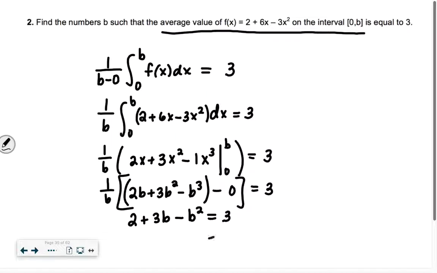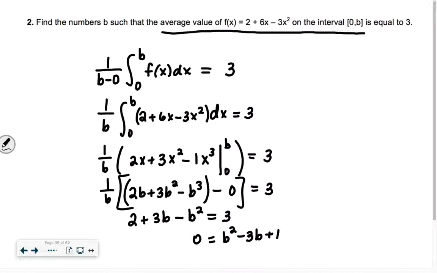And we can solve it. I get everything on one side: add the b squared over, subtract the 3b, subtract the 2, and then I can factor if possible, which is not.